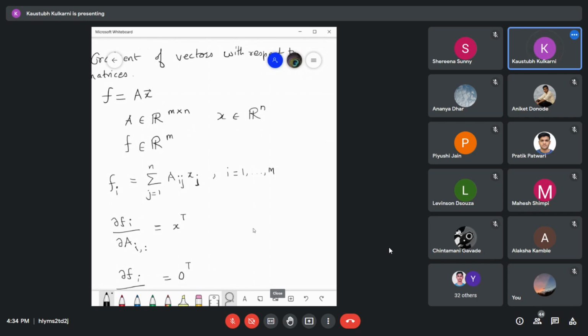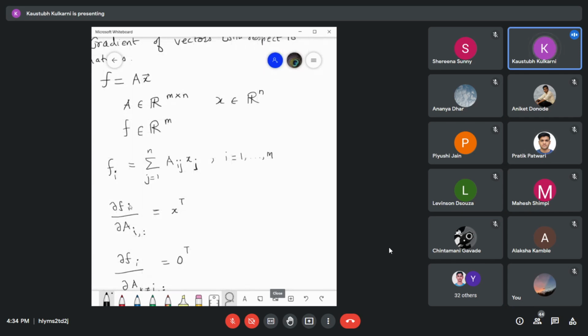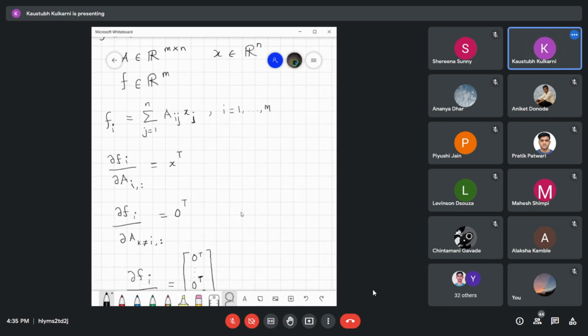So for each function, now we have to find the partial derivative of each function with respect to the matrix A. But again, this has to be broken down into finding the partial derivative of each function with respect to each row of the matrix.